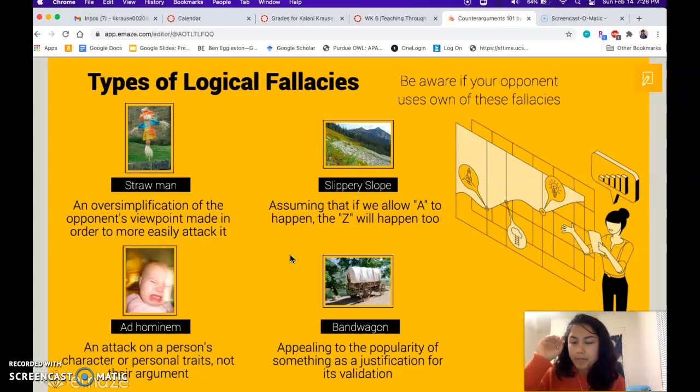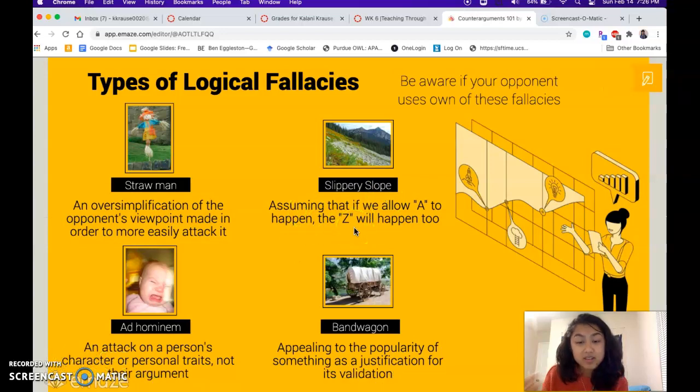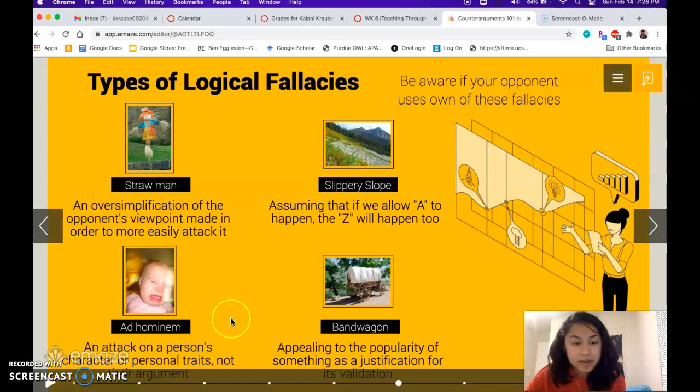And they just keep layering these inconceivable assumptions that you made no mention of, but they are trying to find these holes in your argument that do not exist. So slippery slope is an easy fallacy to disprove because you would say, well, Z is not going to happen because, and then go from there.